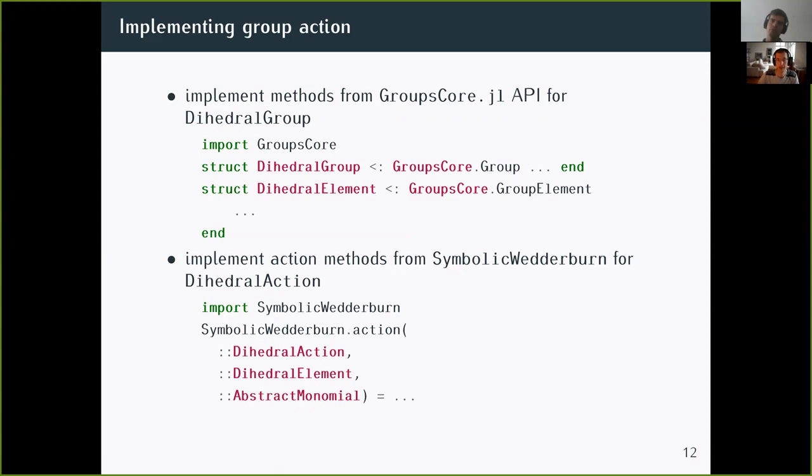And then you need to implement the group action in SymbolicWedderburn by overloading this one method: the action of the dihedral element on an abstract monomial. Here, this abstract monomial is an element in the basis that we want to act on. If the action is not given by permutations, but by linear transformation, there is a bit more to implement on this side, but let's not go there.